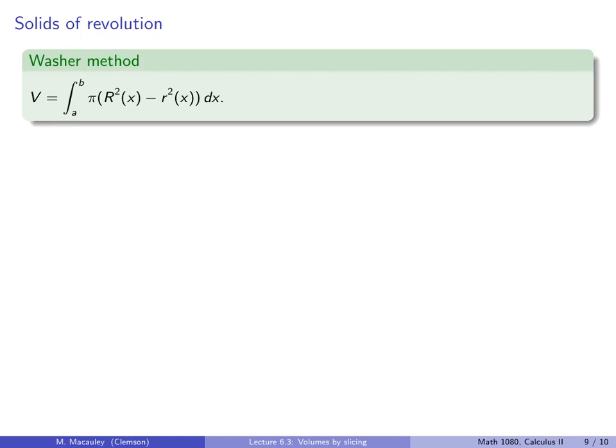So the washer method is, well, it's this formula. Let me draw a picture so you can understand its motivation. Otherwise it won't make sense at all.